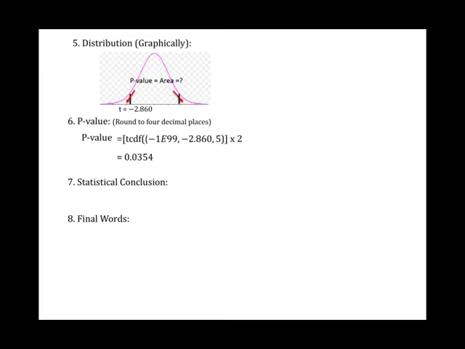Okay, conclusion. After we find the p-value, we'll compare it with your significance level. So significance level is 0.05. So since the p-value is less than or equal to it, we'll have the reject. Okay, we're going to reject the null hypothesis. Okay, final conclusion.